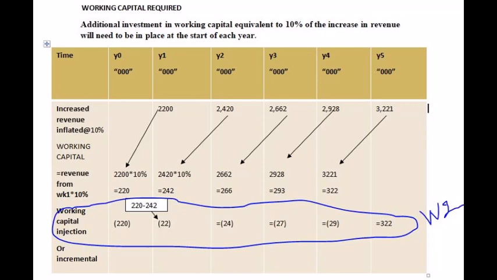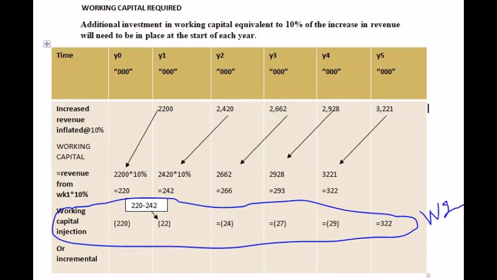As we have seen in working 1, the revenue in year 1 is 2,200, and so on up to year 5.